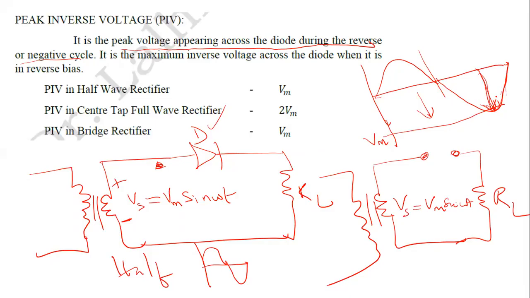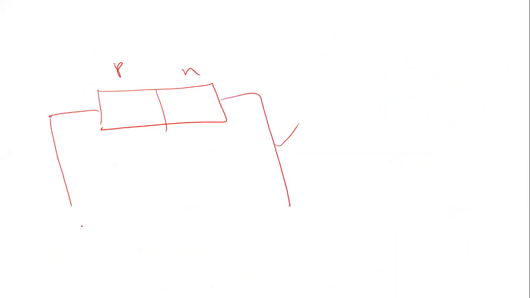Later on I'll talk about avalanche breakdown and reverse breakdown. The thing is that during this cycle, the diode is under reverse bias. Let me return to this figure once again.